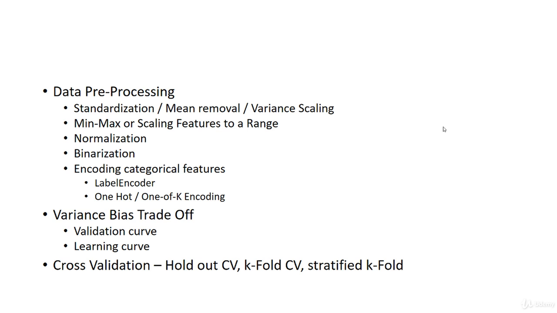The other key component that we look at, not necessarily restricted to the regression portion, is data preprocessing. By and large, for most machine learning algorithms, you do need to preprocess your data. It actually makes the assumption that your data is between -1 and 1 or 0 and 1.